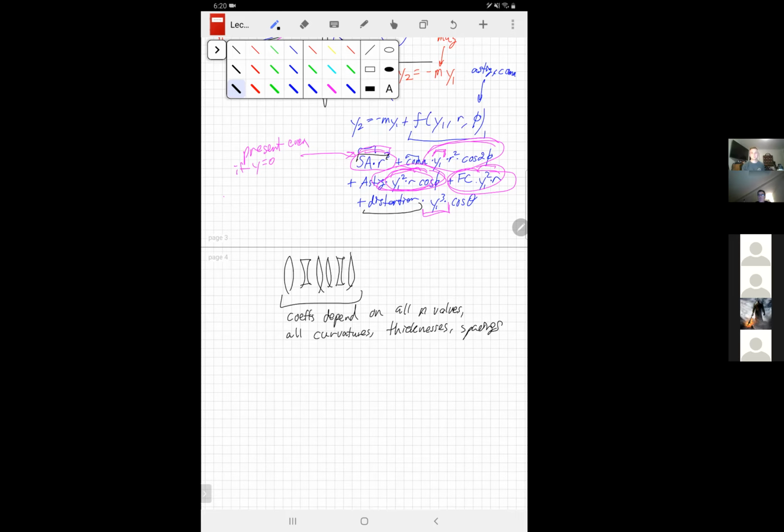Does it get better or worse? And then it tries changing another curvature and says, how does the image quality change now? Now, Zemax is not magic. A human being cannot just go to Zemax and give it something with several thicknesses and several curvatures and spacings and be like, okay, computer, do it.